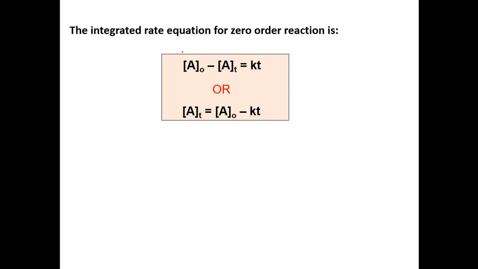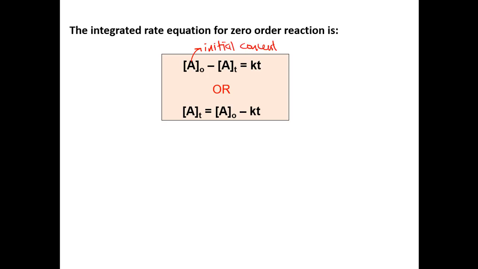So untuk zero order, integrated rate law dia adalah sama ada A0 minus AT sama dengan KT, ataupun kalau you rearrange ni, AT is equals to A0 minus KT. So apa tu O, apa tu T? A0 maksudnya initial concentration lah.